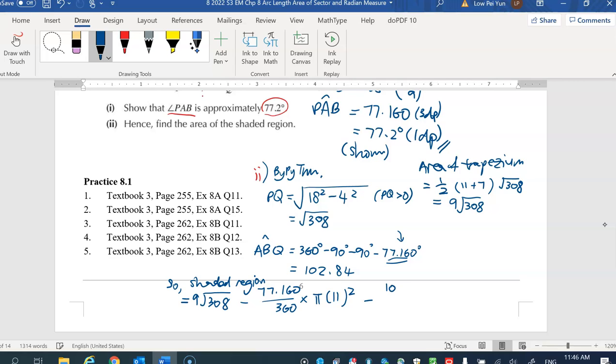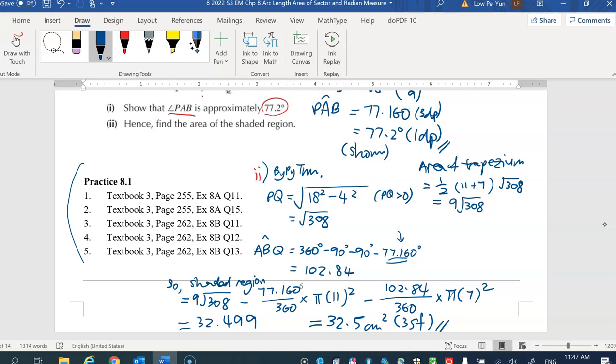And taking away the other sector, which is of the bigger angle but smaller radius, 7. And when you key everything into your calculator, you have 32.499, which works out to be, no space. We still have to put another equal sign here, but by right we shouldn't be doing this. But due to a lack of space, we do that. 3 SF. Done!